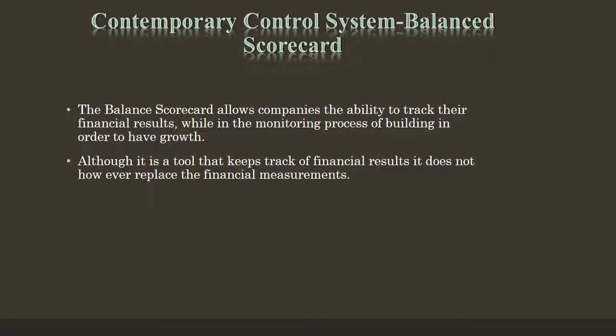Contemporary control systems. I picked the balanced scorecard. Organizations use this balanced scorecard to keep things in order. The balanced scorecard allows the company the ability to track their financial results while in the monitoring process of building in order to have growth within the organization.